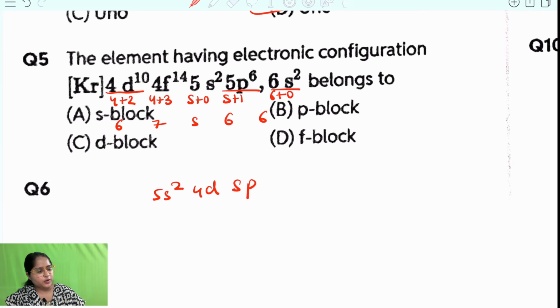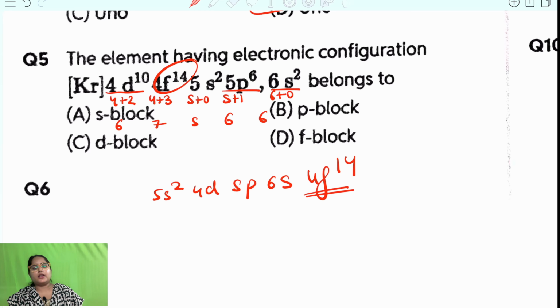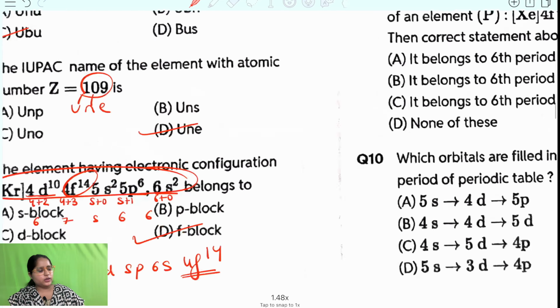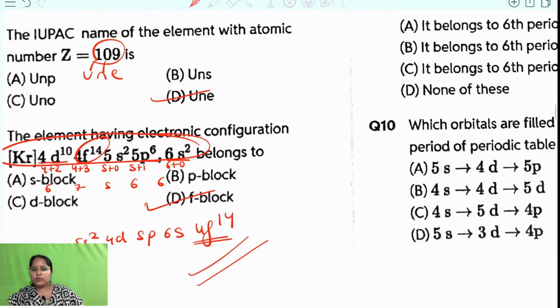Then after 5p, 6s. And last comes 4f, 14. Now you see the last electron is entering in which subshell? F subshell. So which block will it be? F block. And the second method I told you is to add the atomic numbers of everything and then check. Both methods are there, whichever you feel easy you can use. I feel this is easier.